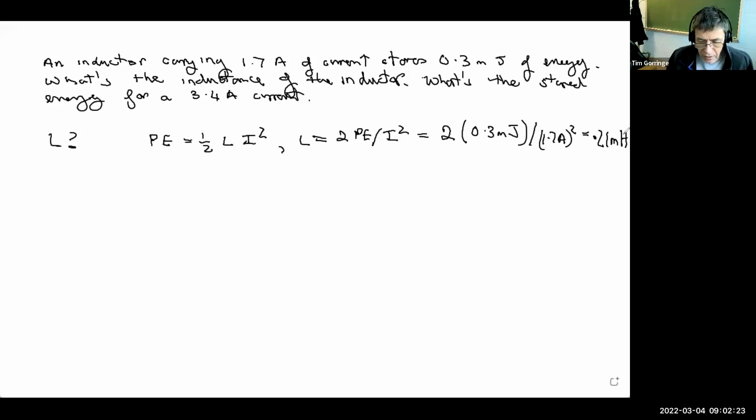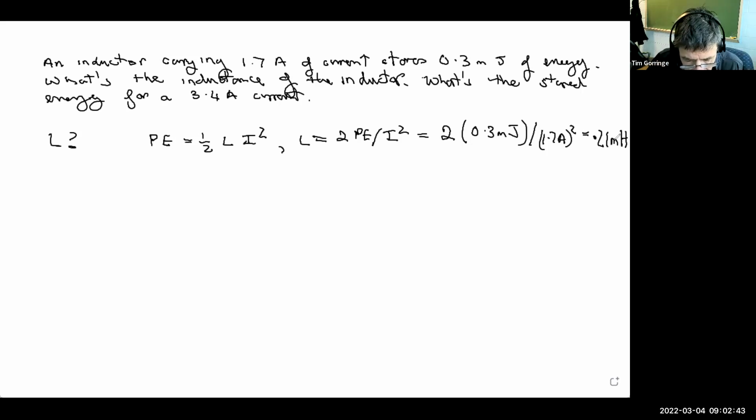Just a couple of remarks about that. Henries are the units of inductance, self-inductance, named after that American scientist that uncovered and worked with the phenomena of induction.